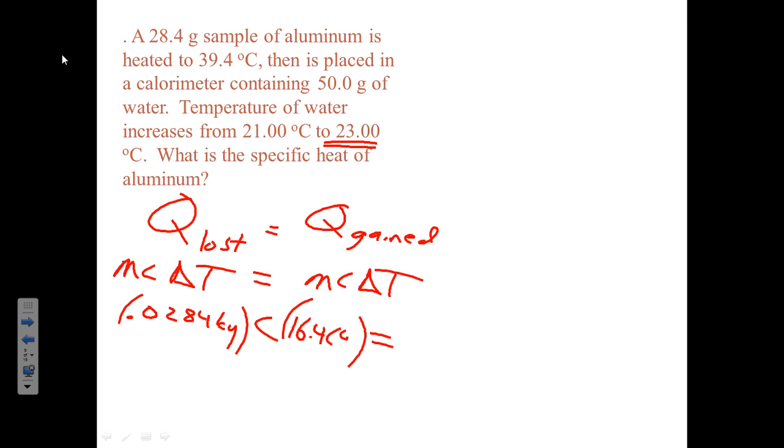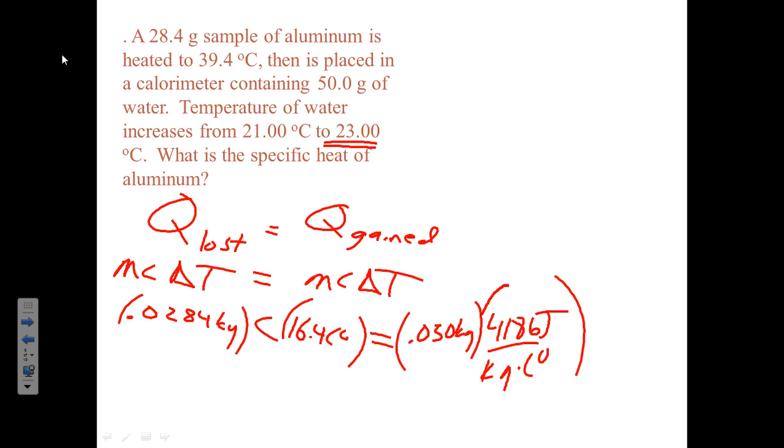All right, we're going to set that equal to the heat gained by the water. So the water, we've got 50 grams of it, so it's 0.050 kilograms. You know the specific heat, 4186. And the temperature change of the water is just 2, right? So we cancel out the units that we can cancel out.